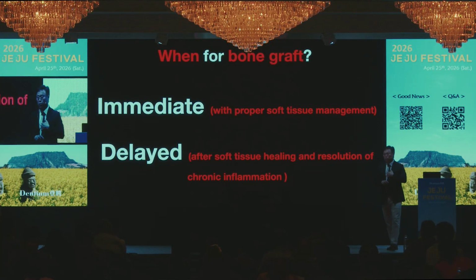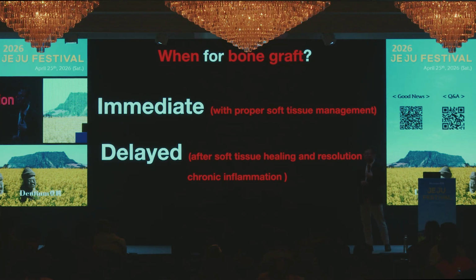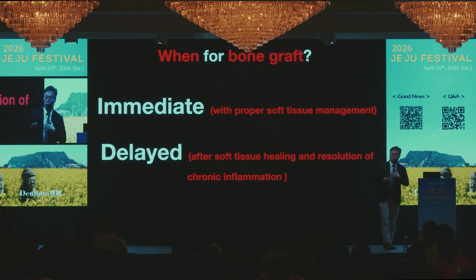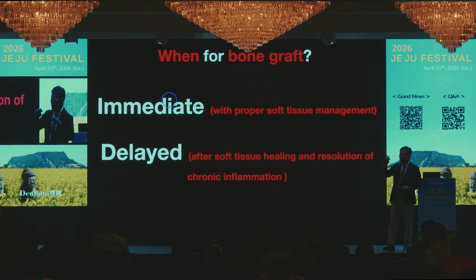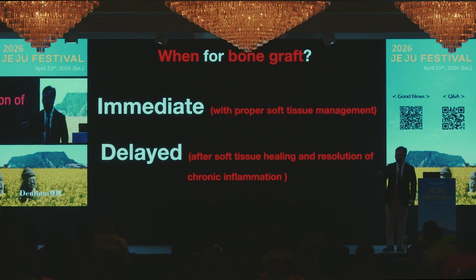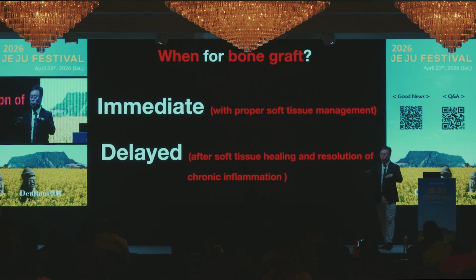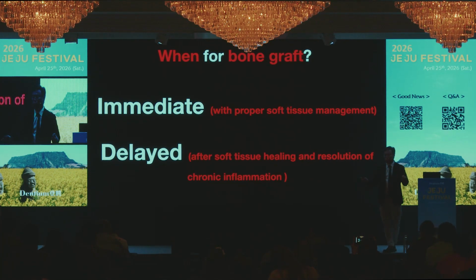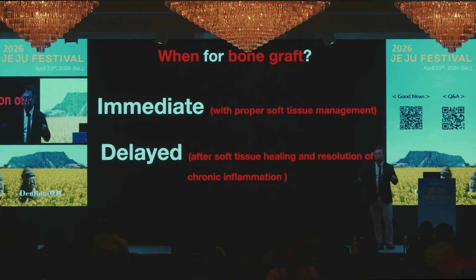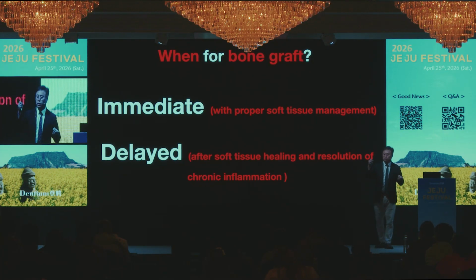So this is the second question. In most cases after removing the implant, we have to do a bone graft. So when do we have to do the bone graft? There are two categories: immediate bone graft and delayed bone graft. What is the difference? When we have proper soft tissue management, then we consider immediate bone graft after removing the implant.